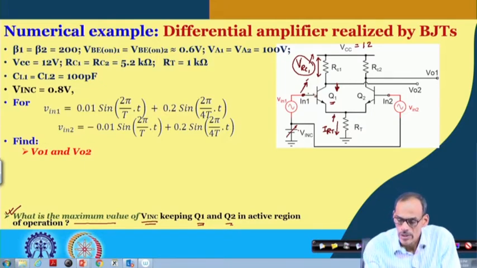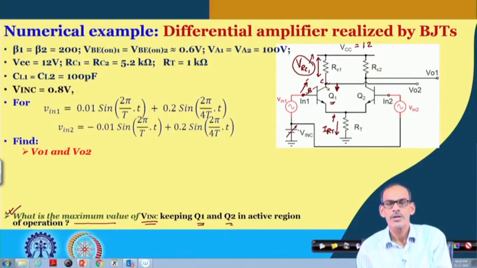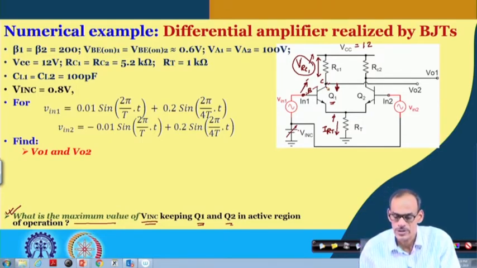There may be a situation where the difference of these two voltages is such that the base collector junction may get forward biased. In fact, if it is weakly forward biased, then we may say that the device is entering saturation, and if it is strongly forward biased, then the transistor will be deep into the saturation region.